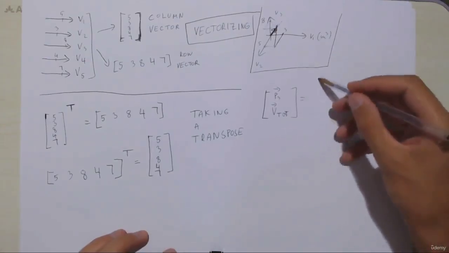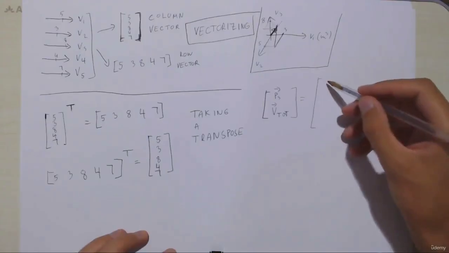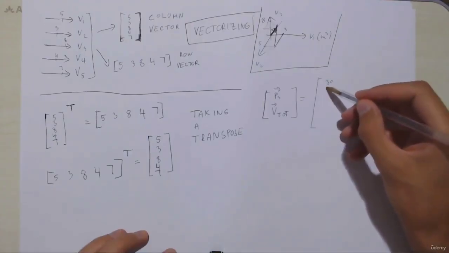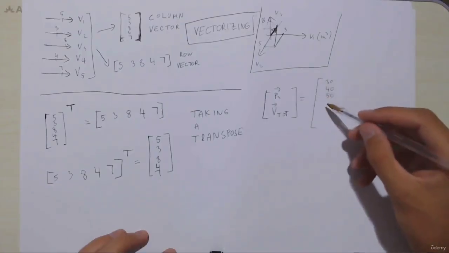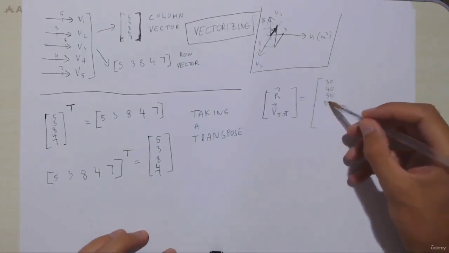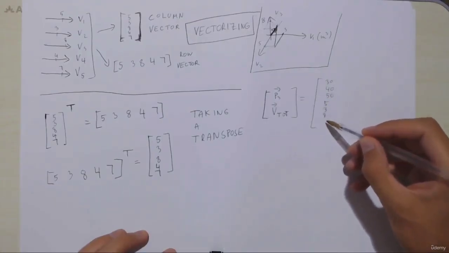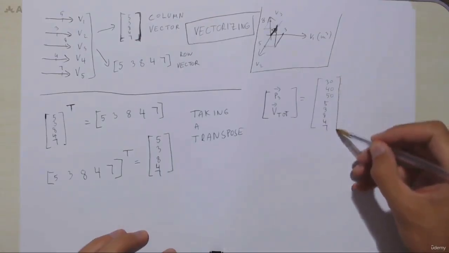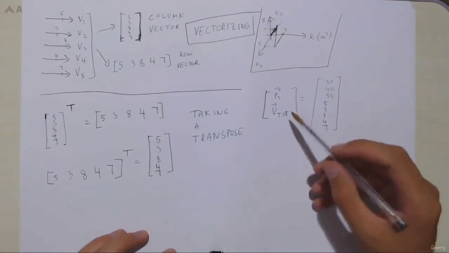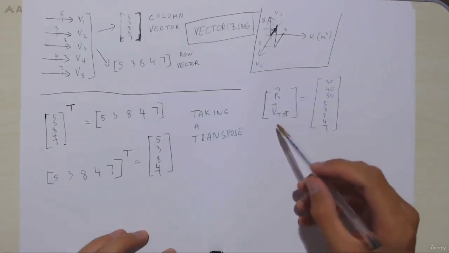Then you would have a vector which would be 30, 40, and 50. That's the position part. And then you would have 5, 3, 8, 4, and 7. That could be confusing because you have 2 different types of vectors inside one big vector.